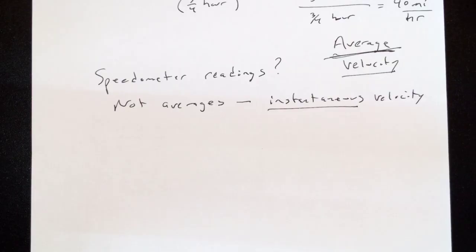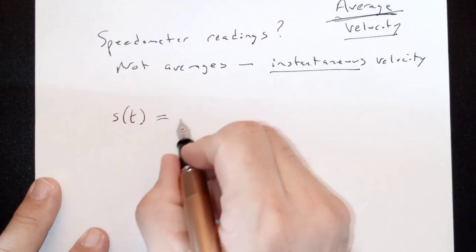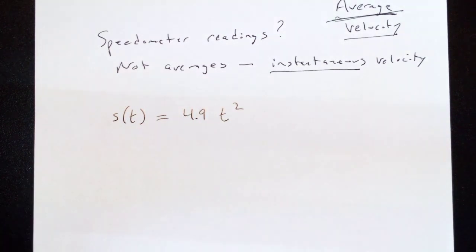Gravity, right? Newton's British, so we'll use the metric system. An object falling covers a distance of 4.9 times t squared meters in t seconds.